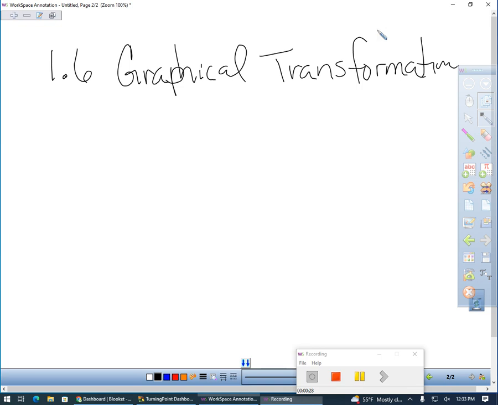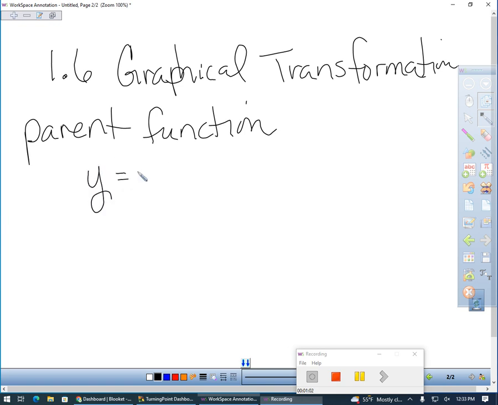Okay. So if I have a parent function, and remember we always use our parent function to translate from. So let's say I'm going to start with y equals x squared as our parent function.